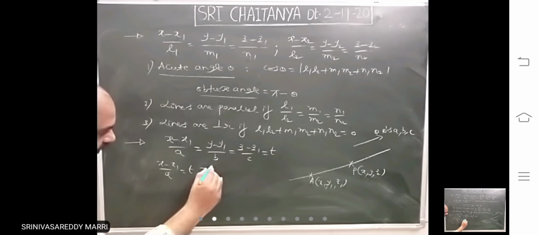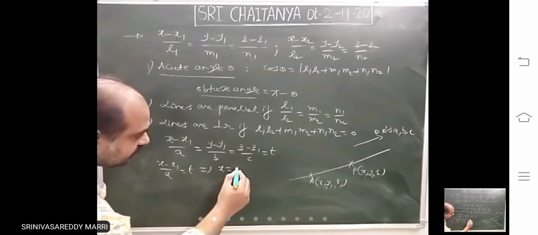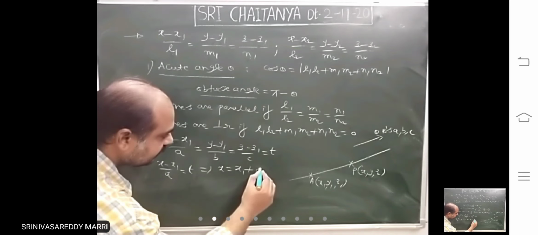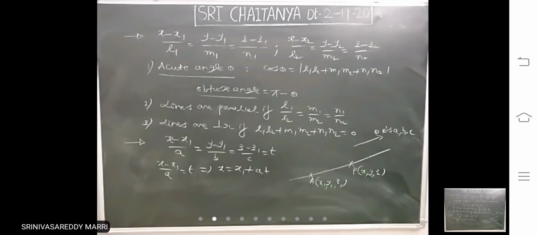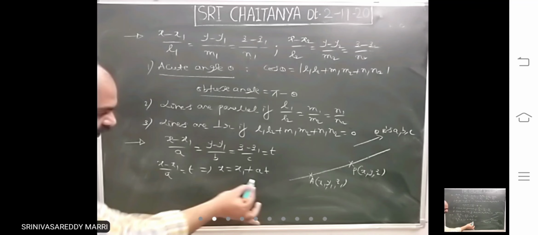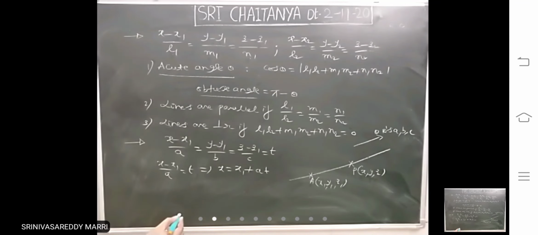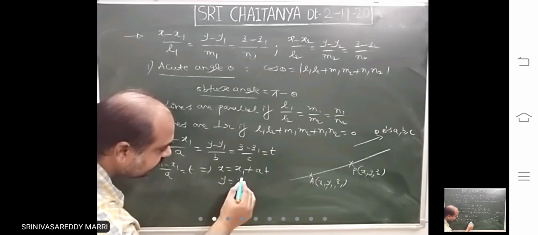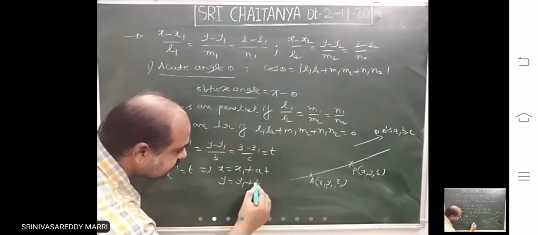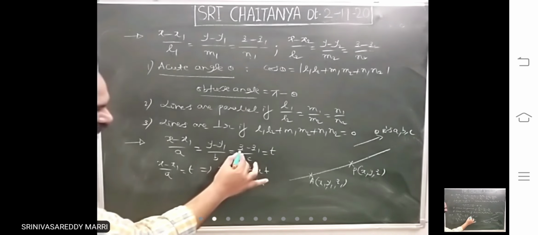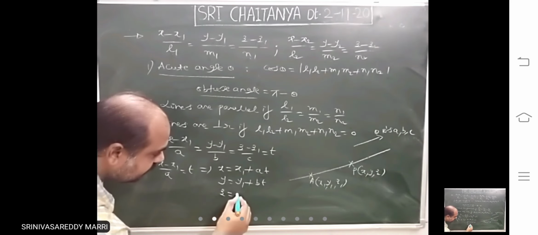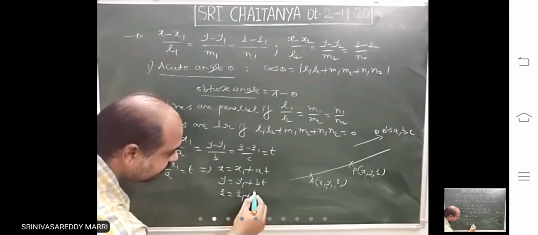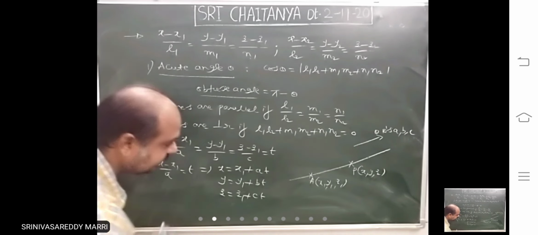So x is nothing but x1 plus at. Similarly, you will get y equal to y1 plus bt, and z equal to z1 plus ct.